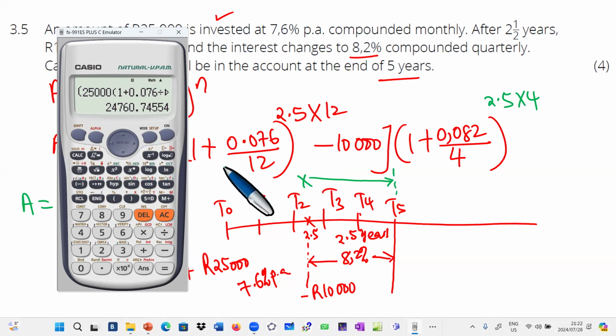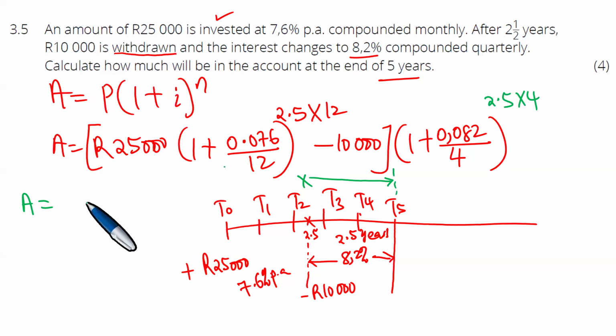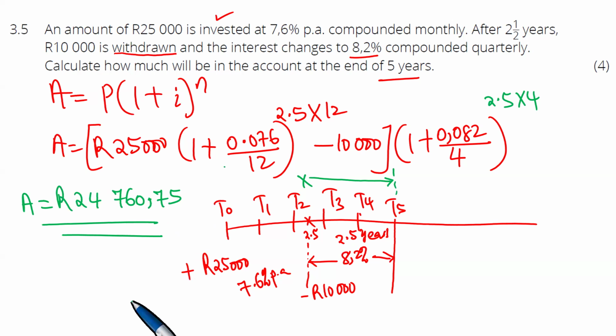Yeah, that's correct. So we're getting exactly that amount of money, 24,760 and 75 cents. This is the amount of money that's going to be in the account at the end of 5 years.